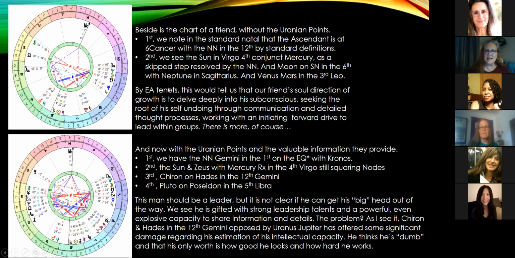By EA tenets, we might say that our friend's sole direction of growth is to delve deeply into his subconscious, seeking the root of his self-undoing through communication and detailed thought processes, and that he would want to work by using that resolving node, initiating and forward drive to lead within groups.